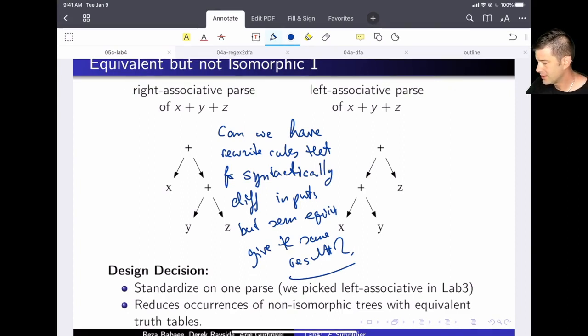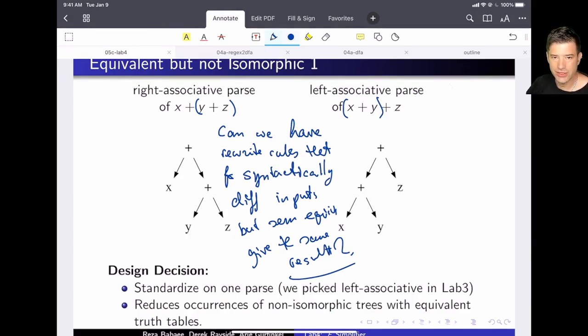Well, this is what syntactically different means here. It says we parse it differently. Really, if we want to be very clear, the left one we parse assuming there are brackets here, and the right we parse assuming there are brackets here. So these two expressions are semantically equivalent.